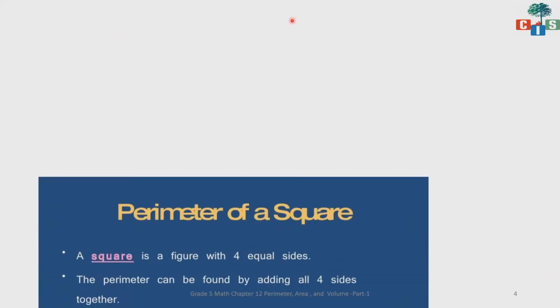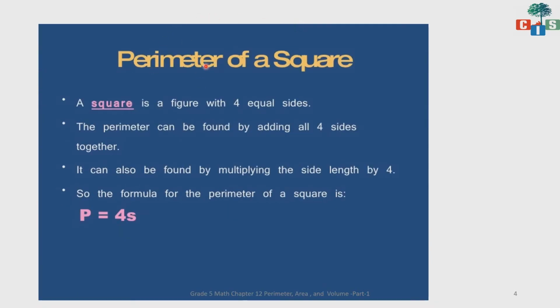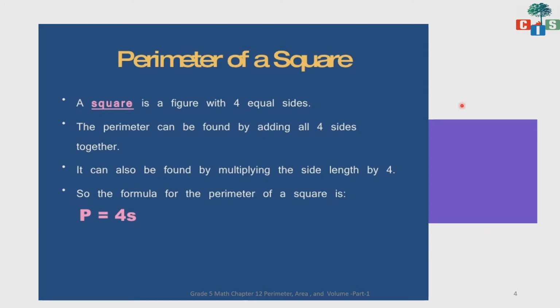So scholars, now first of all we will see perimeter of a square. So this is a square. A square has four equal sides. Now if we want to find the perimeter of a square, what do we need to do, scholars? Yes, we need to add all four sides.